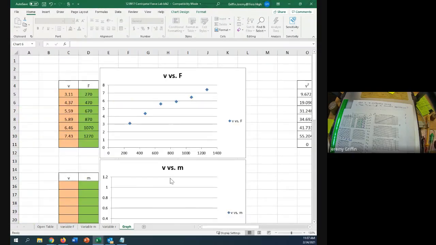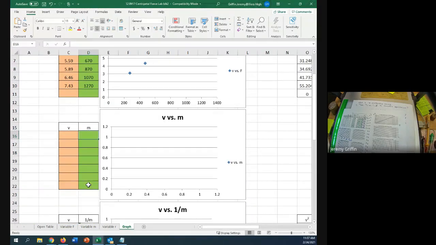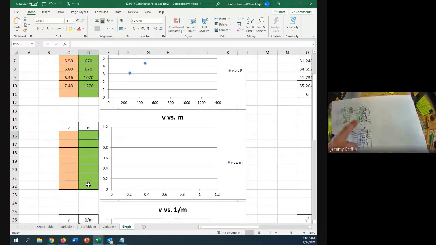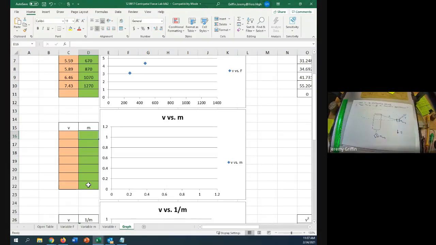So let's nail down the next relationship. Let's go v versus the mass. This was the second experiment that we did, so I'm going to use that second data table. The masses that we used were 6 grams, 16, 26, 31, 36, and 46 grams.